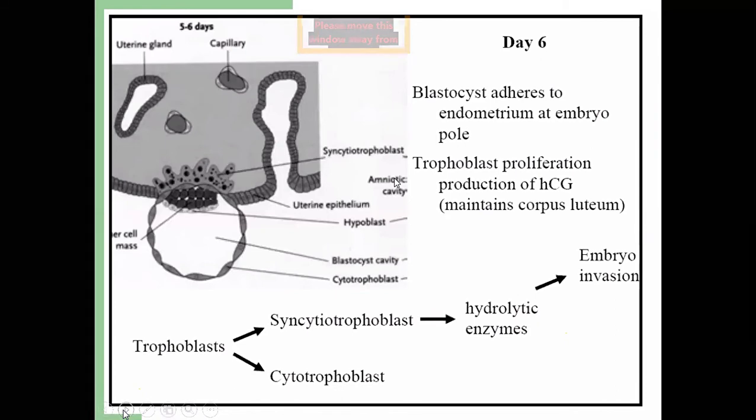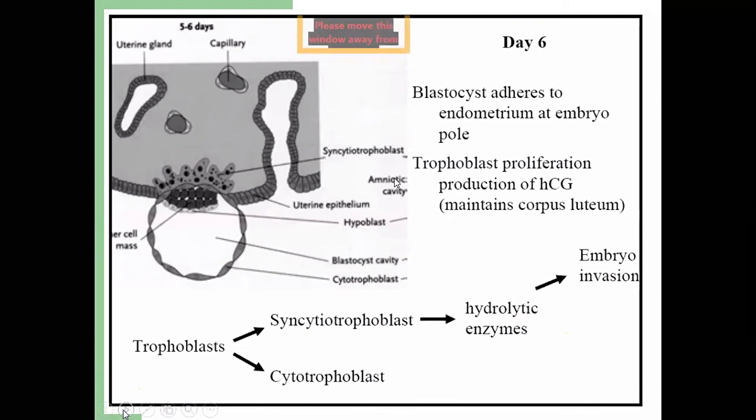These trophoblasts, the syncytial trophoblast and the cytotrophoblast, are both cells of the placenta. So there are two types of cells in the placenta, and they differ in their characteristics. The syncytial trophoblasts are on the outside. They lack distinct nuclei, and we can just see them as a group of cells without a visible nucleus.